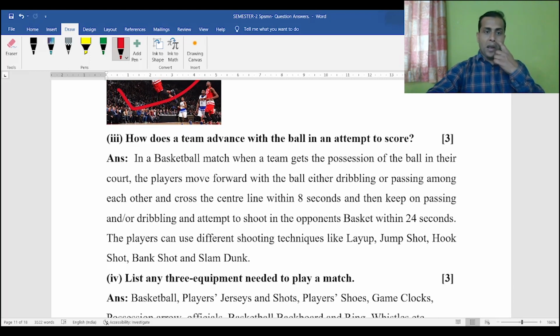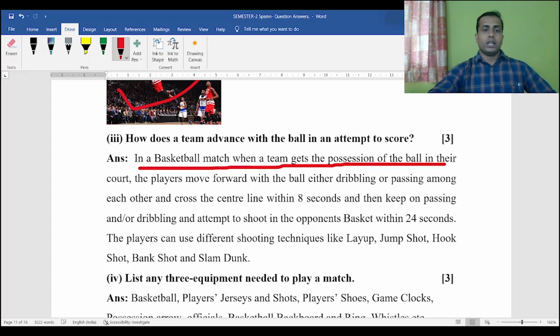Now next question. How does a team advance with the ball in an attempt to score? This is a very tricky question that you cannot find in your book, so I have written the answer for you. In a basketball match, when a team gets possession of the ball in their court, the players move forward with the ball, either dribbling or passing among each other, and then cross the center line within 8 seconds.